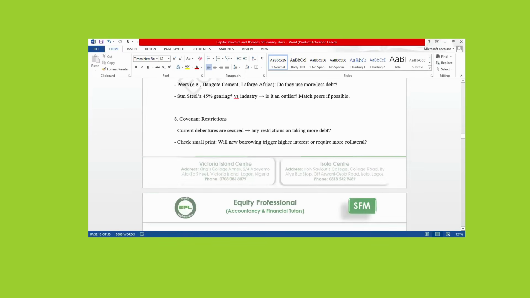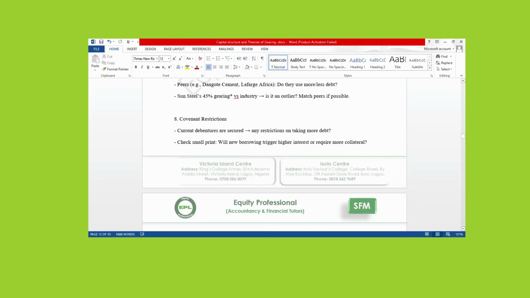Number 8, covenant restrictions. I have to explain this clearly. Covenant restrictions. What this means is that the company will review current debt contracts, the existing debt contracts.